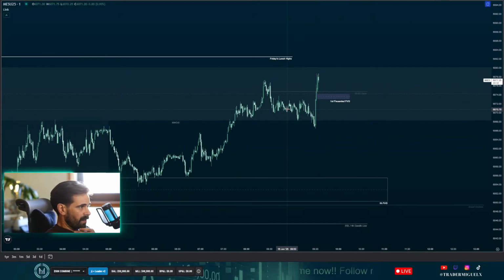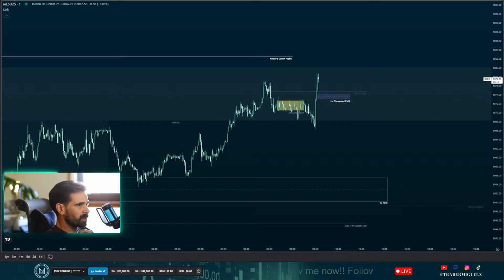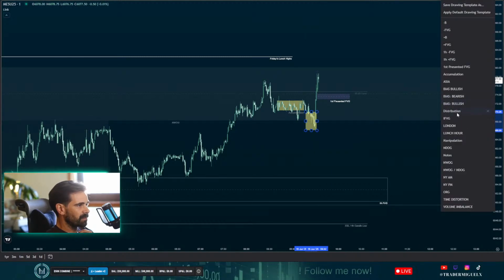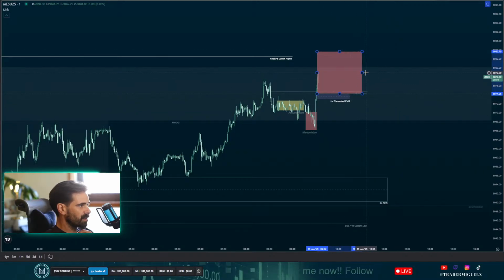So right now, what I'm seeing here is some type of accumulation prior to the opening. As soon as we opened, or some minutes before, price manipulated to the downside here and is now expanding to the upside.